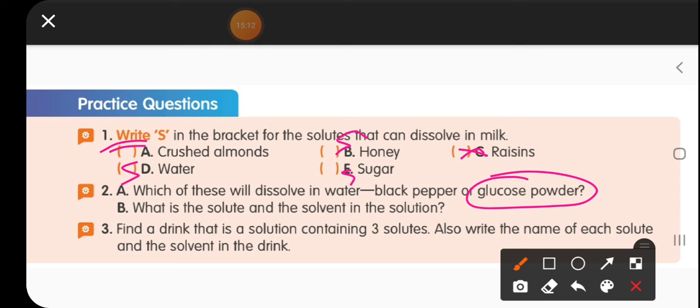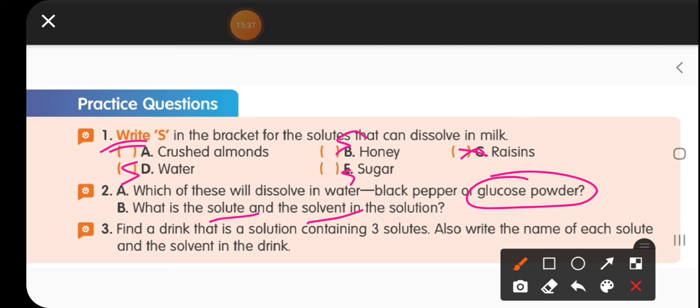What is the solute and what is the solvent? A solute is a substance which is taken in a smaller quantity and can dissolve in another substance while preparing a solution. And a solvent is a substance that has a dissolving capacity and is always taken in a larger quantity. Together it's called your solution.